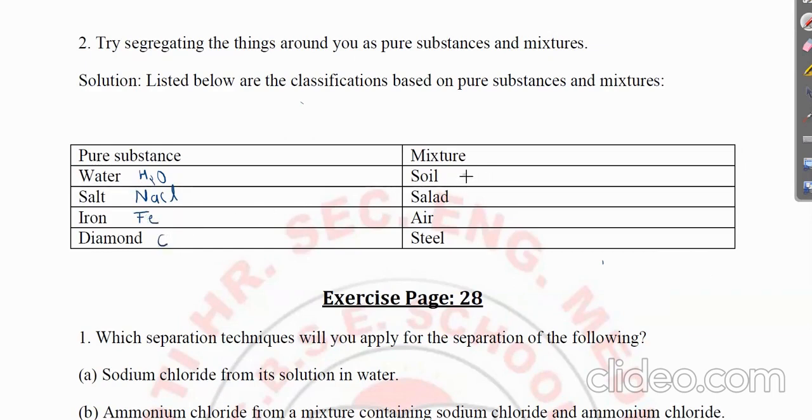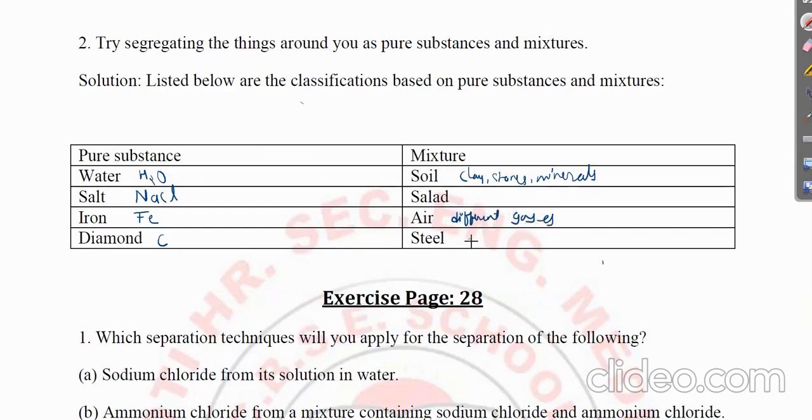While soil is a mixture of clay, stones and minerals, so it is a mixture. Similarly salad: in salad, more than two or three vegetables or fruits are mixed together, so it is also a mixture. Air is a mixture of many different gases, so it is a mixture.